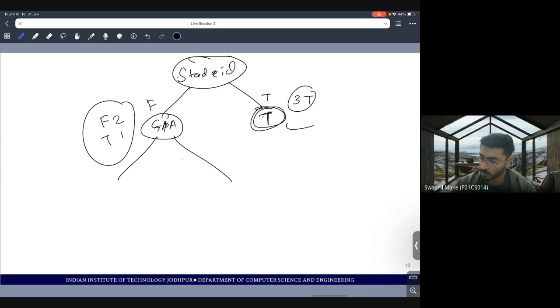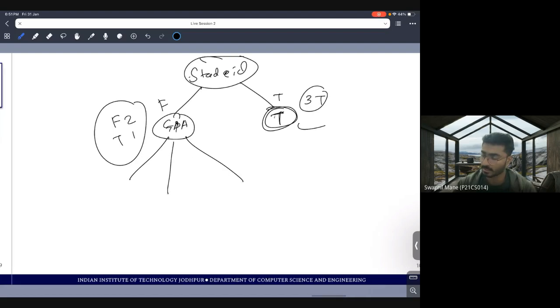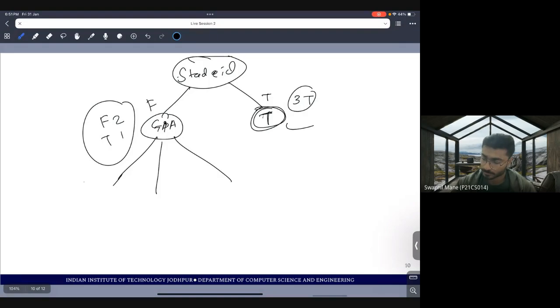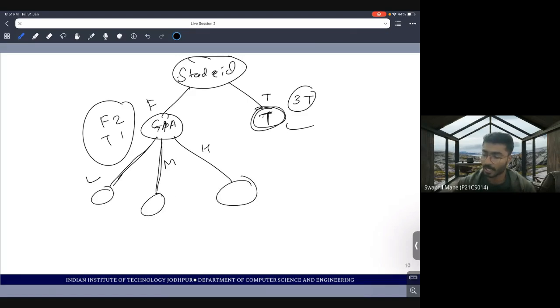In the GPA also there are three values, right? How many? Low, medium, and high. These low, medium, high are the edge labels. These are the edge types: low GPA, medium GPA, and high GPA.